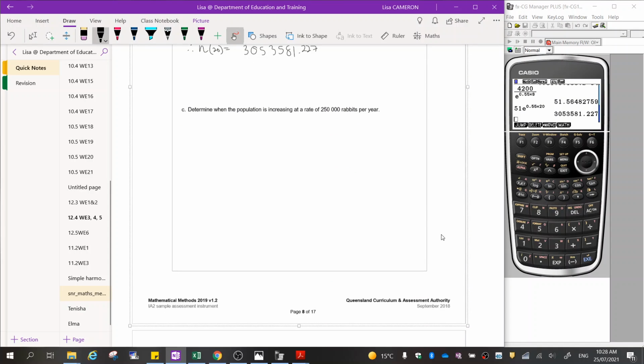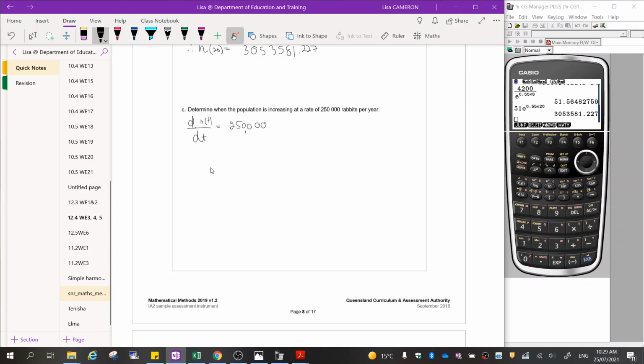Determine when the population is increasing at a rate of 250,000 rabbits per year. So we want the derivative with respect to time of our N(t) to equal 250,000 rabbits.